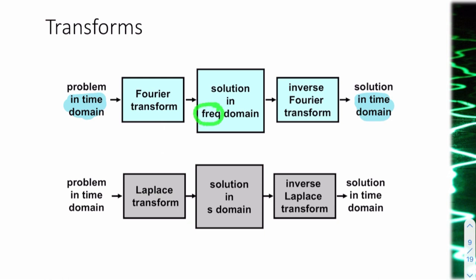And instead of referring to the alternate domain as frequency, we'll refer to it as the S domain. So it's complex frequency, but it's enough for us to call it the S domain. Okay, so we'll be introducing something called the Laplace transform and the inverse Laplace transform. It's much easier than the Fourier transform, especially after you've learnt the Fourier transform.